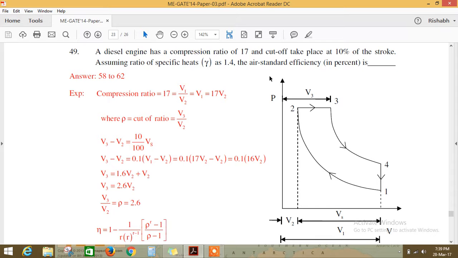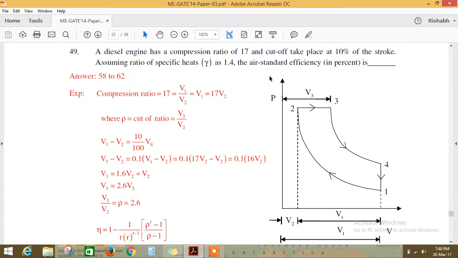I recommend you to kindly remember the efficiency for Otto cycle, diesel cycle as well as dual cycle. Directly straightforward formula, or you can just remember the efficiency of dual cycle. From the dual cycle you can easily derive the efficiency of Otto cycle and diesel cycle.